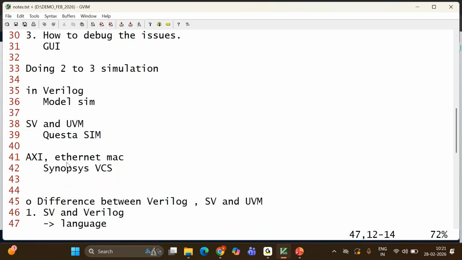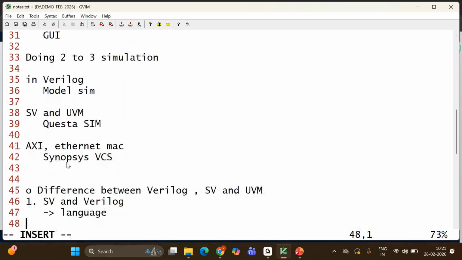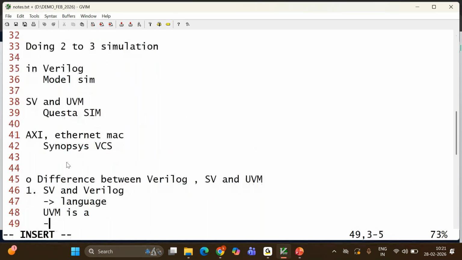That's what language is all about. Second, UVM is a methodology. You can treat UVM as a Python. UVM is like Python, and SV and Verilog are like C, C++ languages.